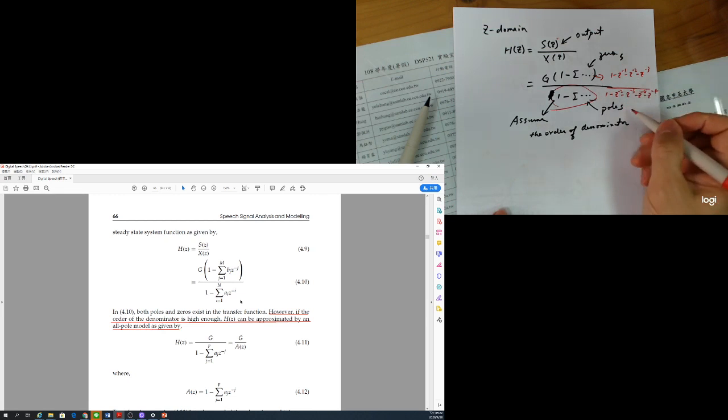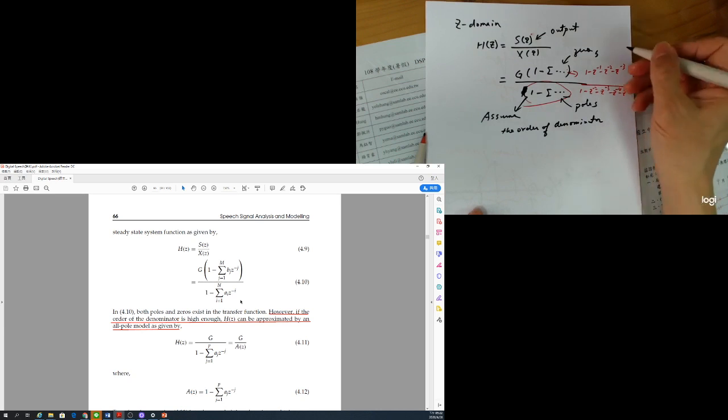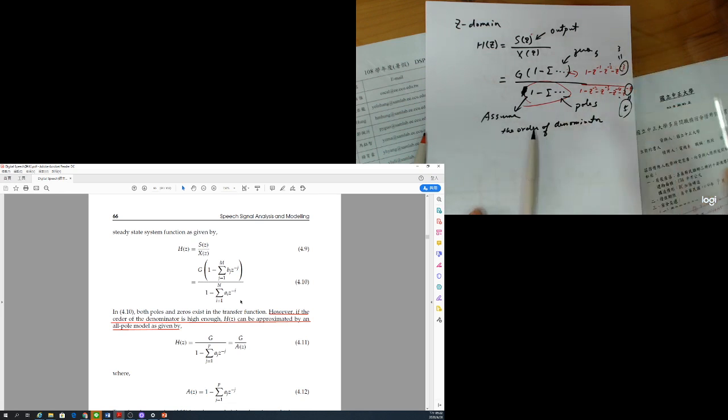I did not write a coefficient. So the order of the numerator is 3, and the denominator is 5. So our denominator order is bigger than the numerator order.